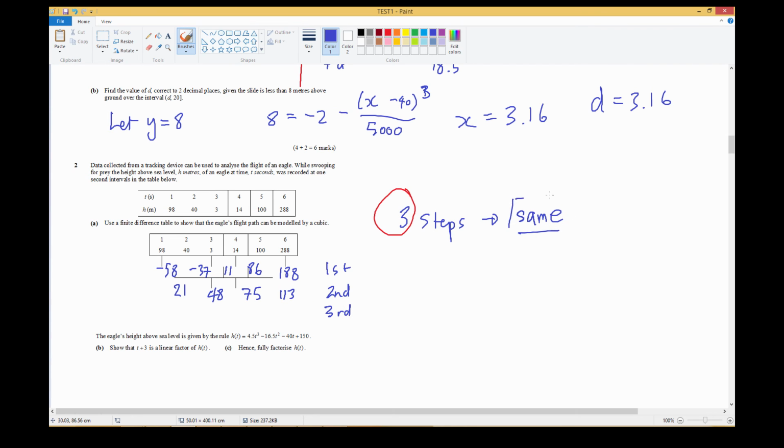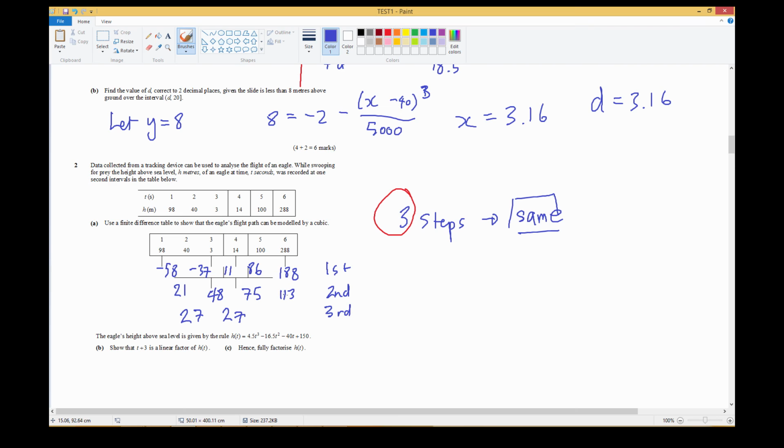Right, so this is first order, second order, and the third step should get us the differences to be the same if it's a third order function. So 48 minus 21 is 27, and we see that 75 minus 48 is also 27, and 113 minus 75, sorry, it's 28, so I was wrong here.